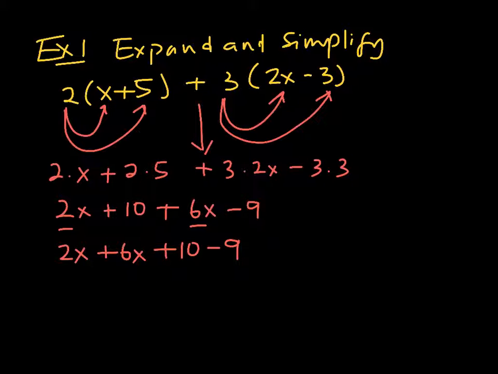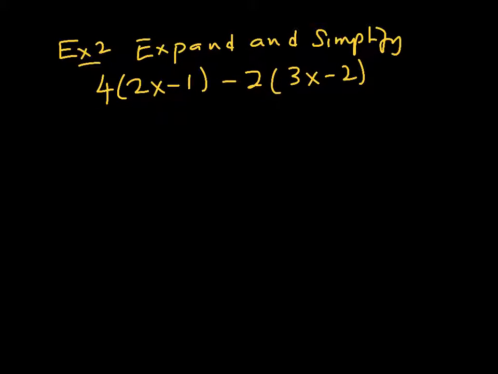Okay, so 2x plus 6x gives us 8x. 10 minus 9 gives us positive 1, so 8x plus 1. So by expanding and simplifying 2 into x plus 5 plus 3 into 2x minus 3, what you have is 8x plus 1.